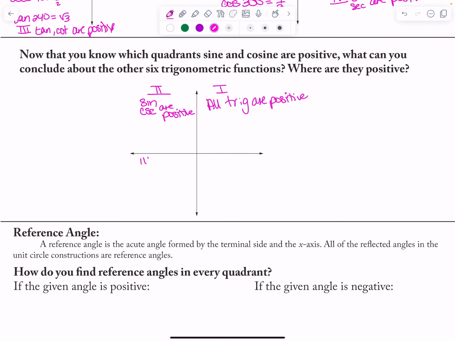And then in quadrant 3, tangent and cotangent are positive. And then in quadrant 4, cosine and secant are positive.